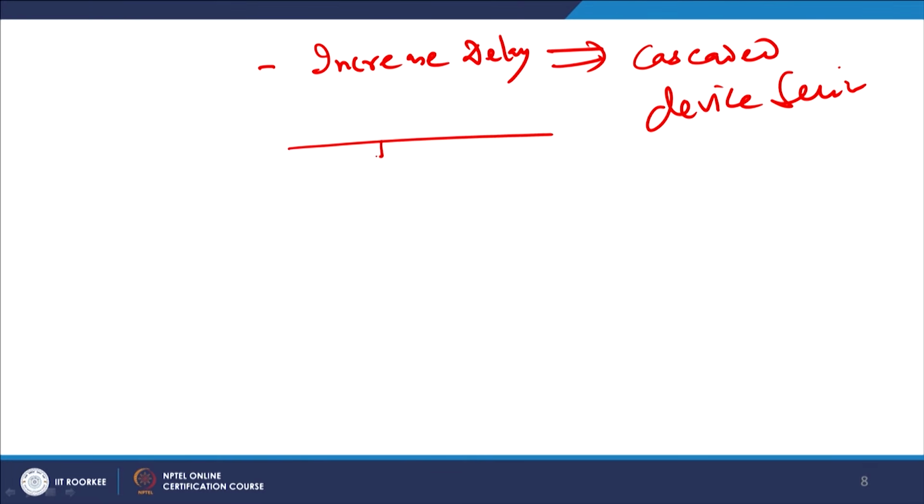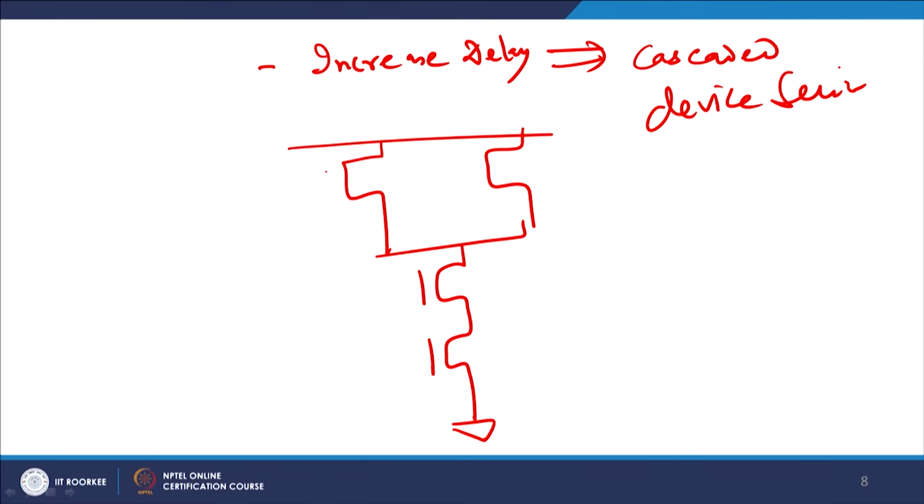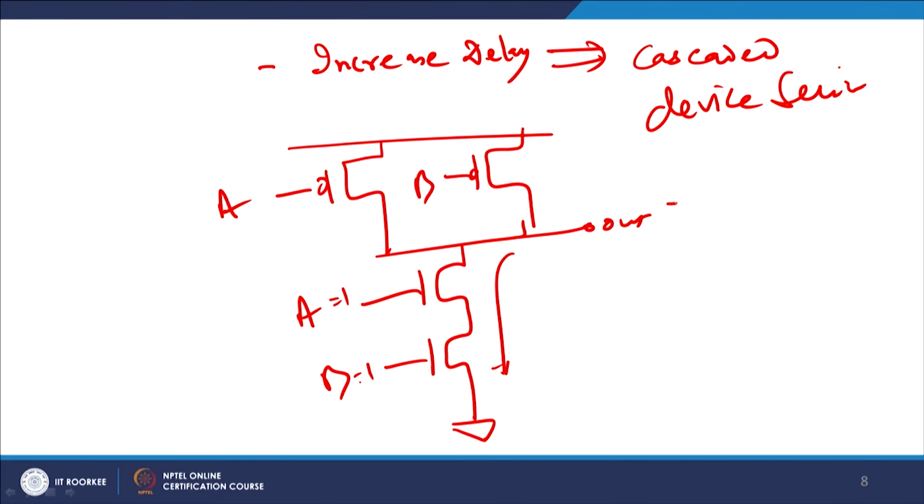Now from this basic concept, can we give any logic or criteria for the sizing of these transistors, how to size these transistors? Now you see, when A and B are both 1, out is going to 0, and so there will be some path available to you.